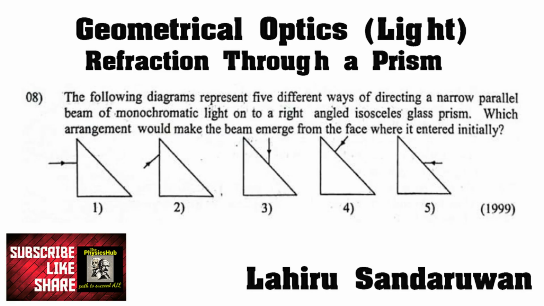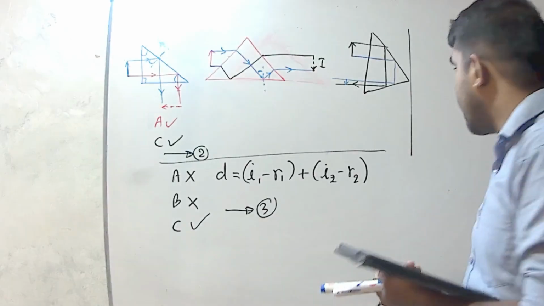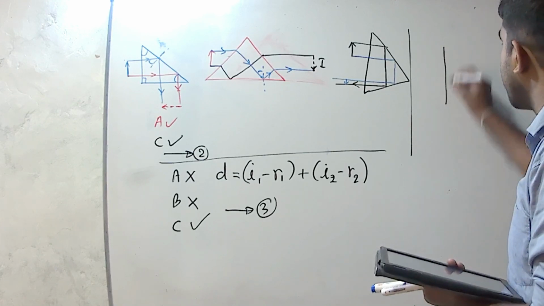The following diagram represents 5 different ways of directing a narrow parallel beam of monochromatic light on a right-angled isosceles glass prism. Which arrangement would make the beam emerge from the face where it entered initially? We can get the fourth answer as the correct one.